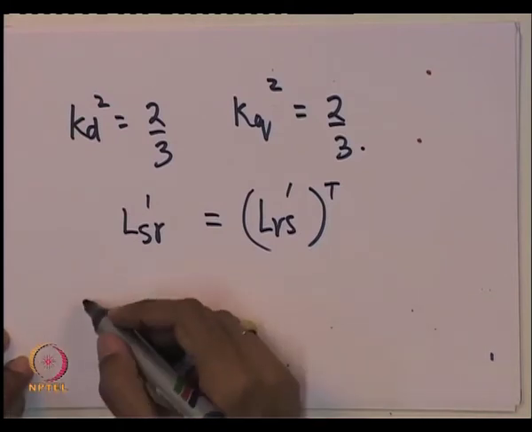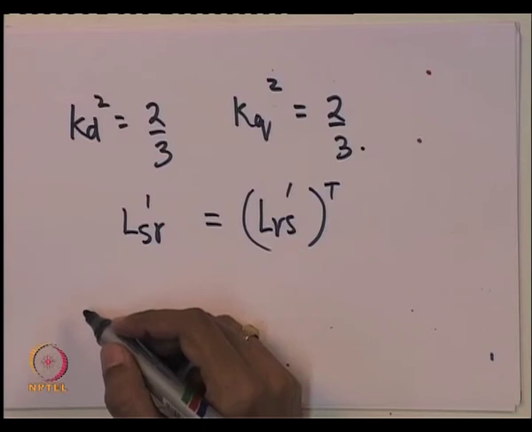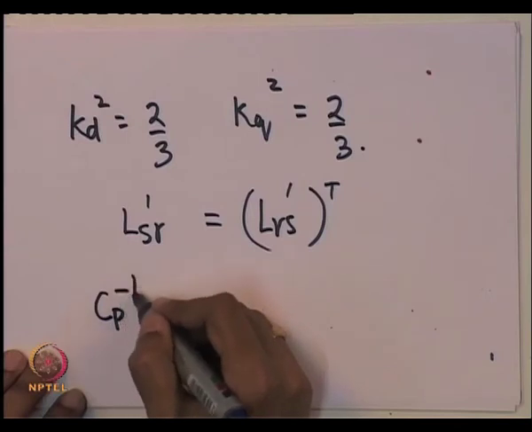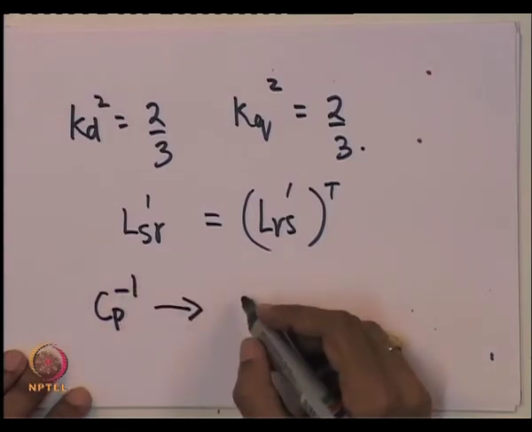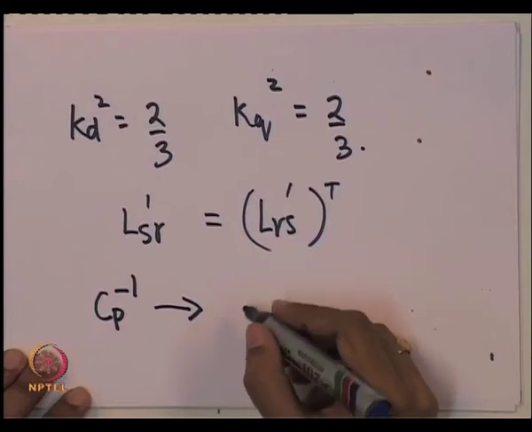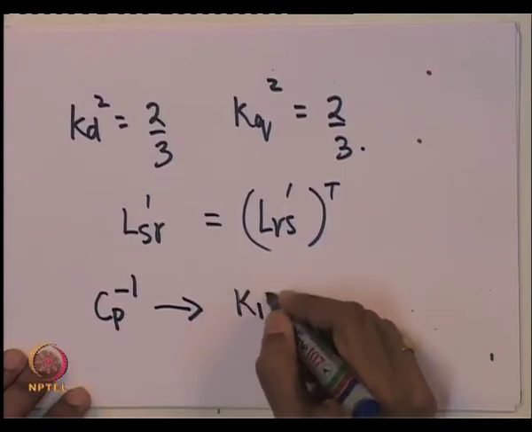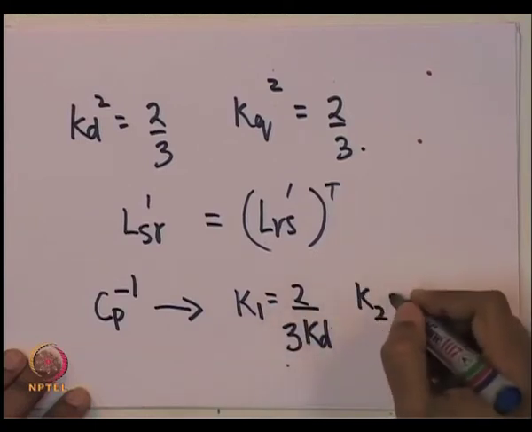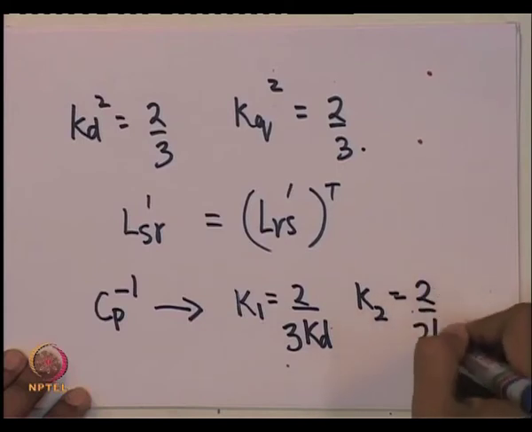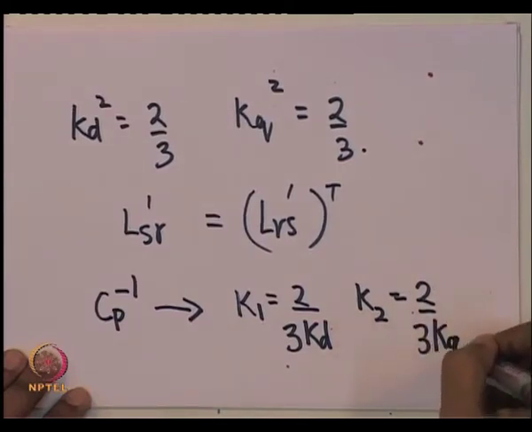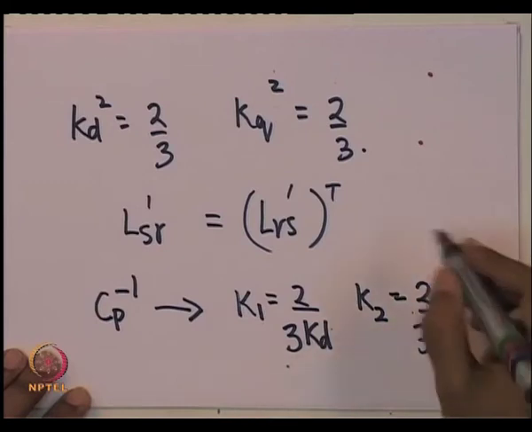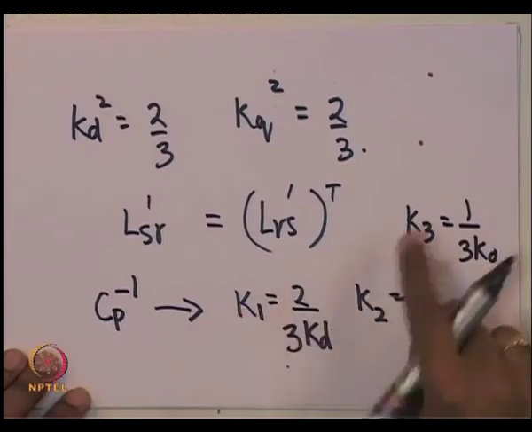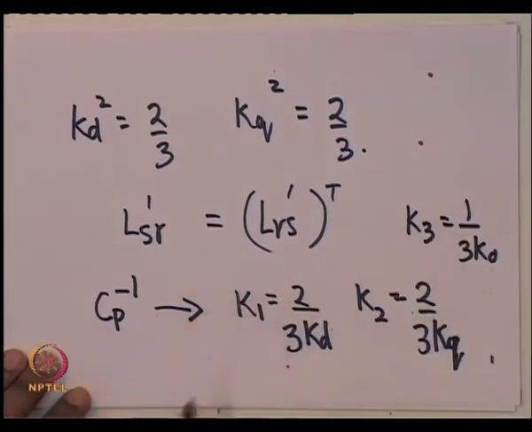Also, we saw some time back that when we take out Cp inverse, it has got elements K1, K2 and K3, where K1 is nothing but 2 by 3 times Kd and K2 is 2 by 3 times Kq. In fact, Kq is in the denominator and Kd is also in the denominator, and K3 is equal to 1 upon 3 K0. So, these are the coefficients of the sines and cosines in the Cp inverse matrix.